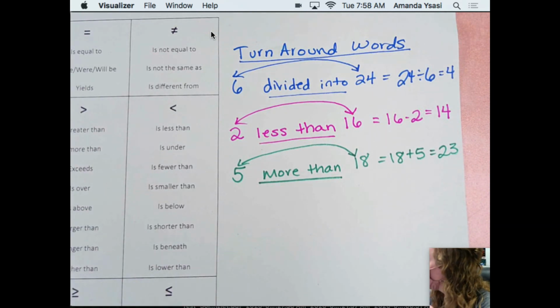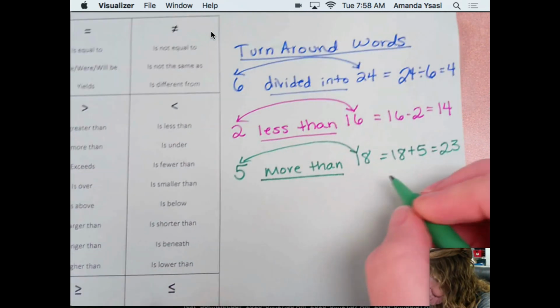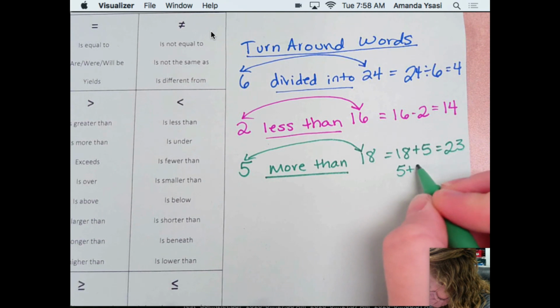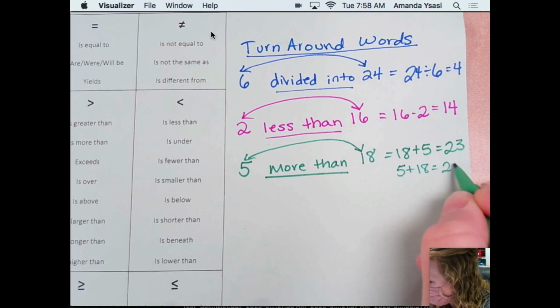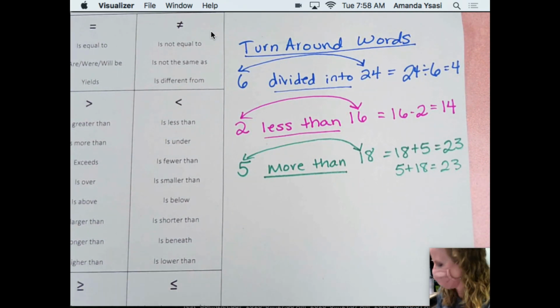But for addition, order doesn't matter. So I could have kept it as 5 plus 18 and got 23. Because with addition, order doesn't matter.